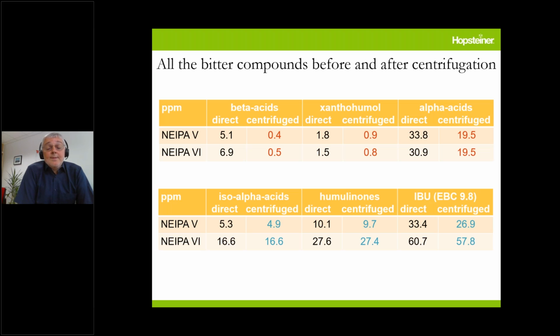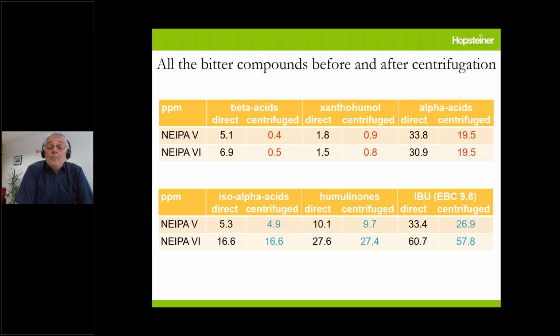So iso-alpha acids and humulinones are the polar compounds. And for the polar compounds, you see almost no reduction after centrifugation. They are fully soluble in the liquid phase and not absorbed in the haze. So this is true for both iso-alpha acids and humulinones.